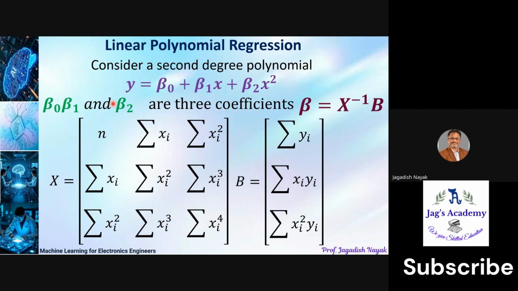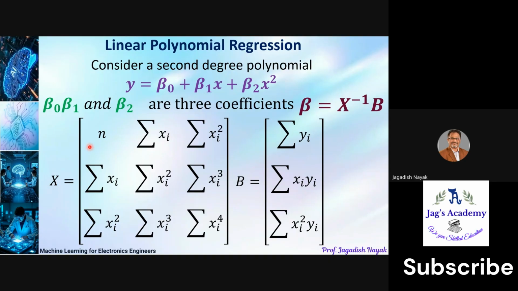So you have to calculate beta naught, beta 1, and beta 2. So what is the formula? Beta is equal to x inverse b. What is that x inverse and b?